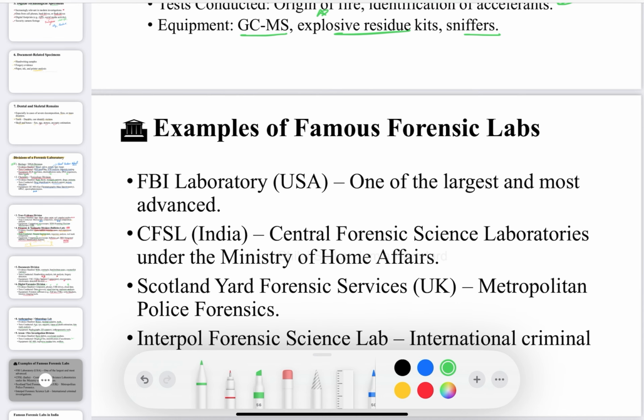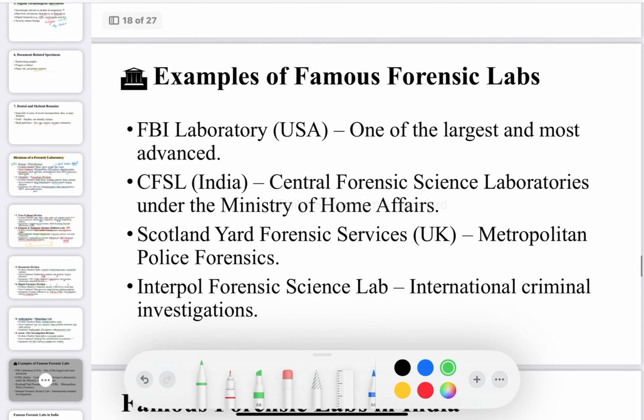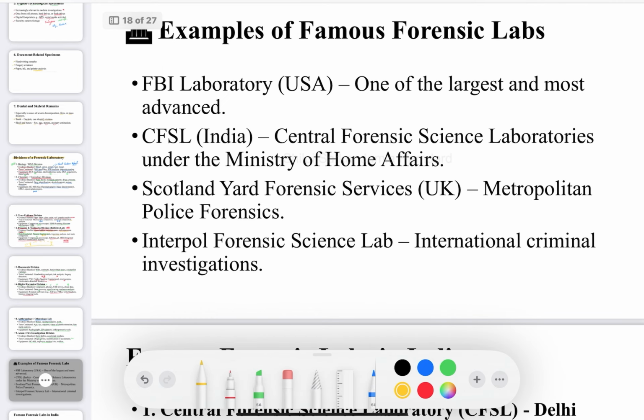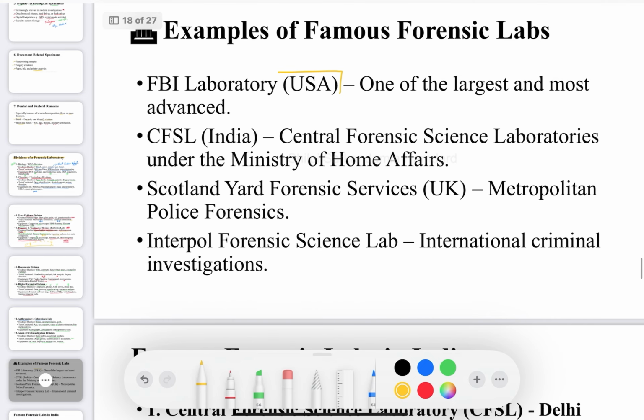Now we're discussing some famous forensic labs in India as well as abroad. First one is the FBI laboratory, mainly in the USA, one of the largest and most advanced.